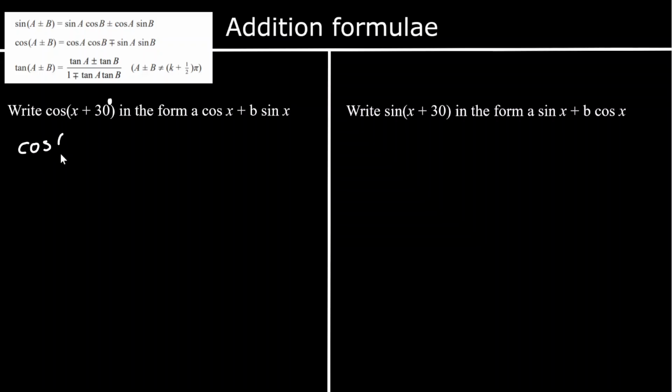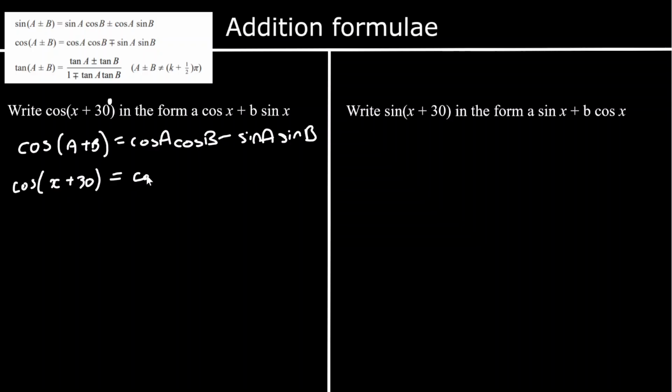So cos something plus something, cos A plus B. And we're using the top one, so it's cos A cos B minus sine A sine B. So if we change A to x and B to 30, we get cos(x + 30) equals cos x cos 30 minus sine x sine 30.